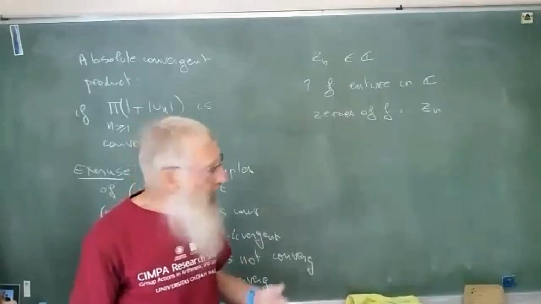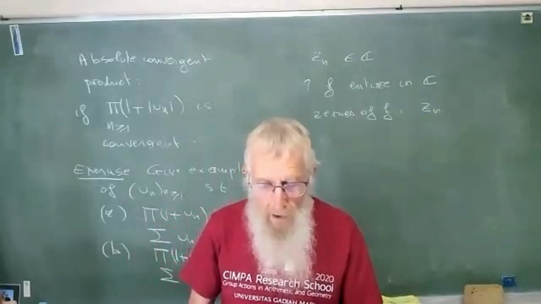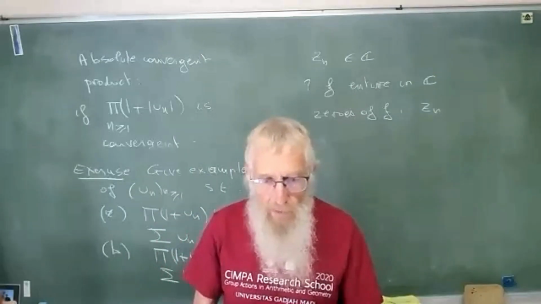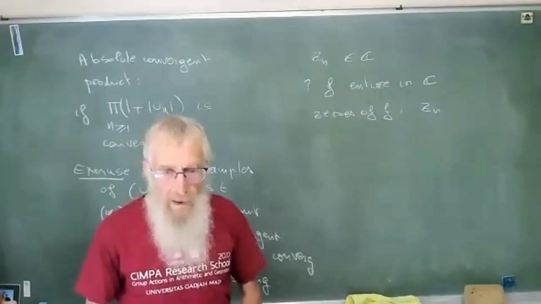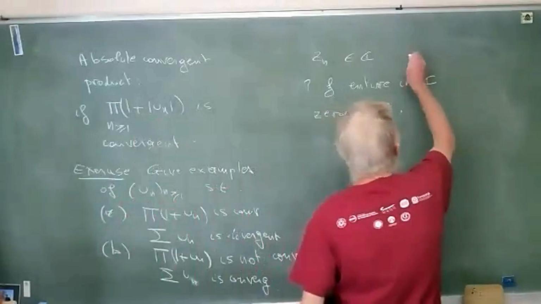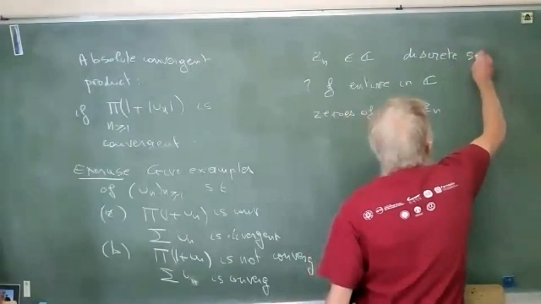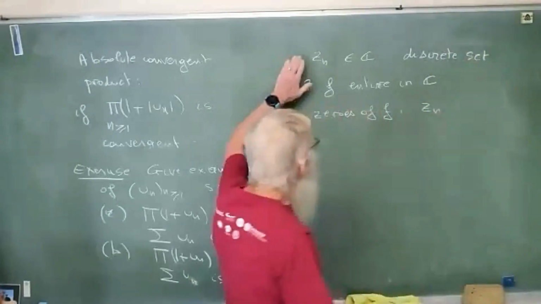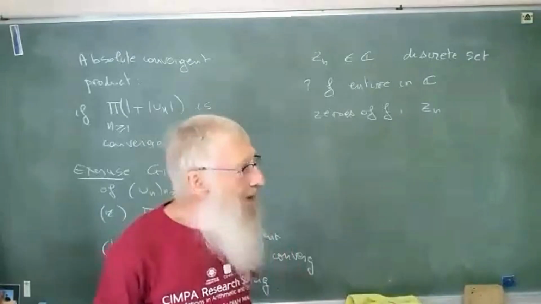So this is the first condition, which means that if you take one Zn, there is a neighborhood of this Zn, so that there is no other zero of f in this neighborhood apart from Zn. So this is what is called a discrete set.